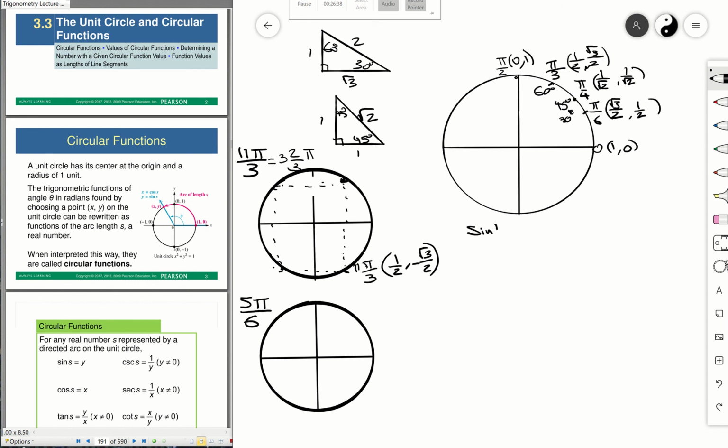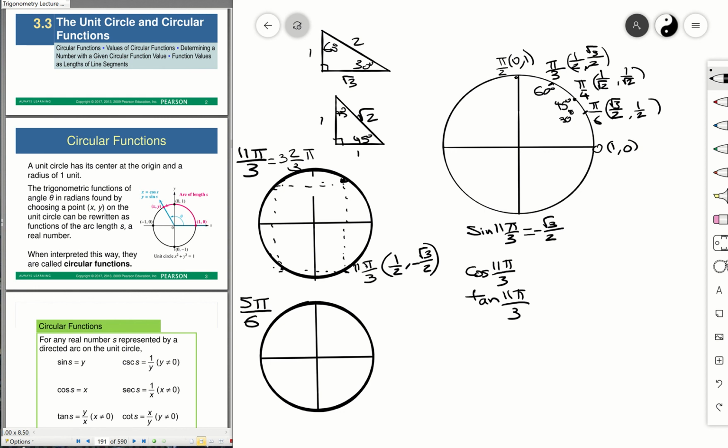So sine of 11 pi over 3, cosine of 11 pi over 3, and tangent of 11 pi over 3. So notice that sine is always the y value. So that's going to be negative square root of 3 over 2.